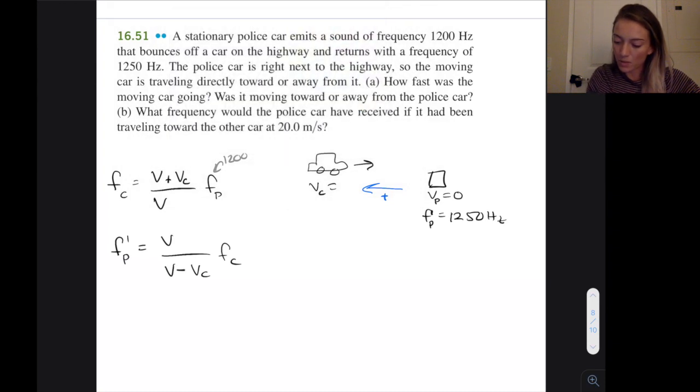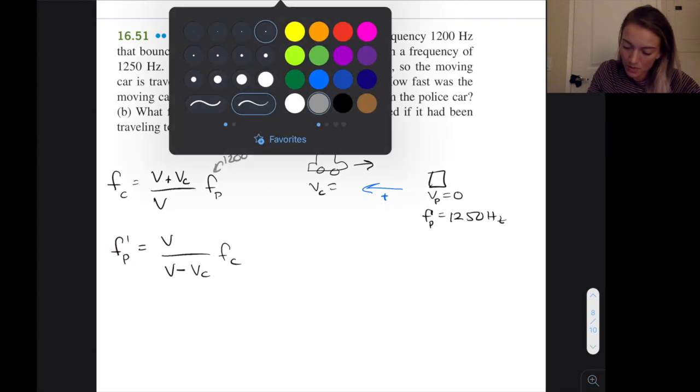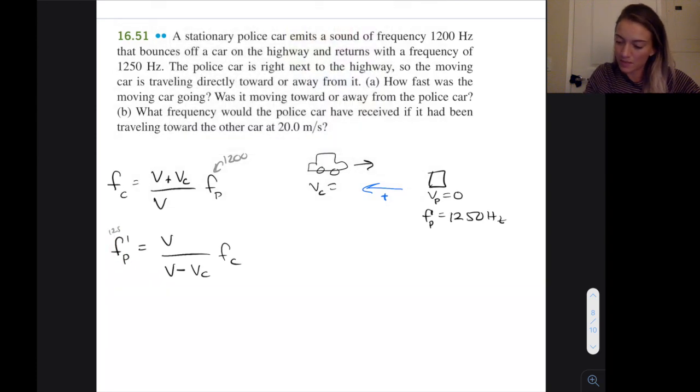And now we know this is 1250 hertz. We're still looking for VC, but for the frequency that the car hears, we can just replace it with this expression.